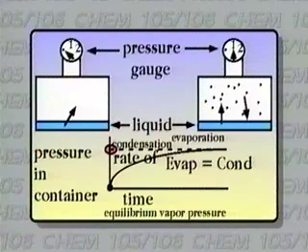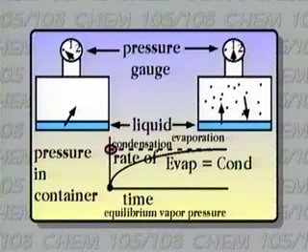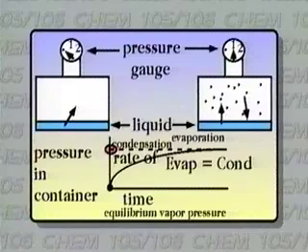Now, the equilibrium, of course, means that we have two opposite processes going on in equal magnitude. Vapor pressure is the pressure exerted by the gaseous molecules. The equilibrium vapor pressure of a liquid is temperature dependent. In other words, it's not the same at all temperatures.